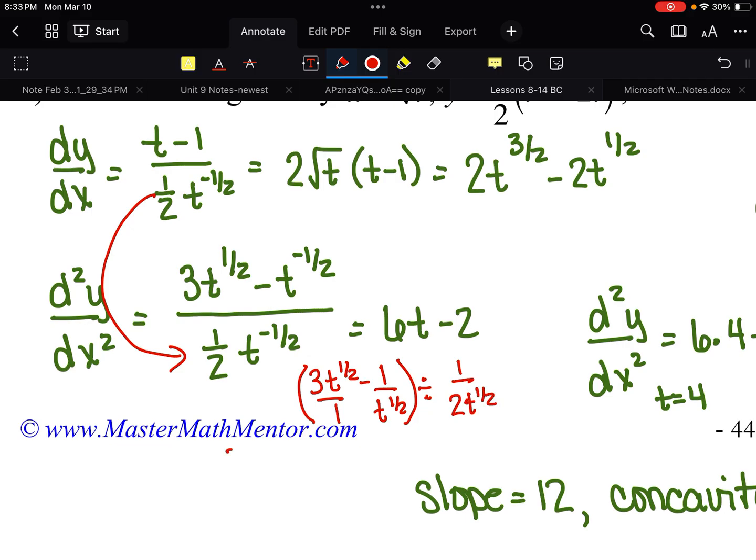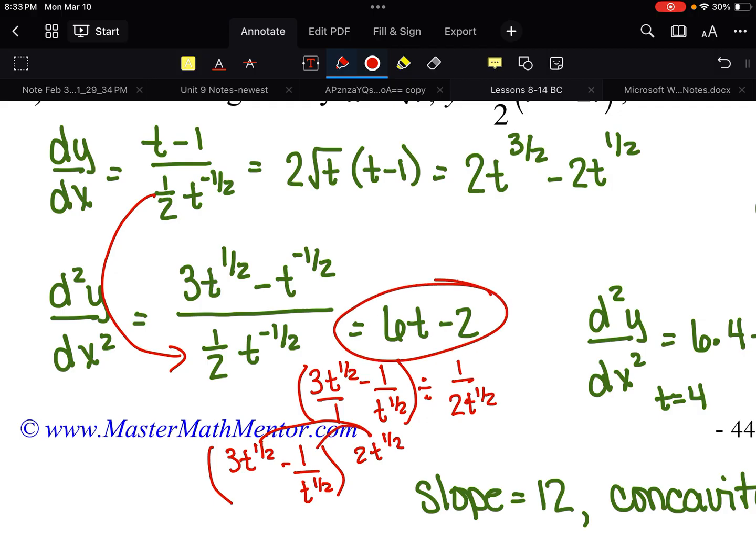So when I multiply by the reciprocal, eventually, 1/2 plus 1/2 is 1, so that's 6t to the first power. And then the t to the 1/2 would cancel out, so that's where 6t minus 2 comes from. So there's your second derivative.